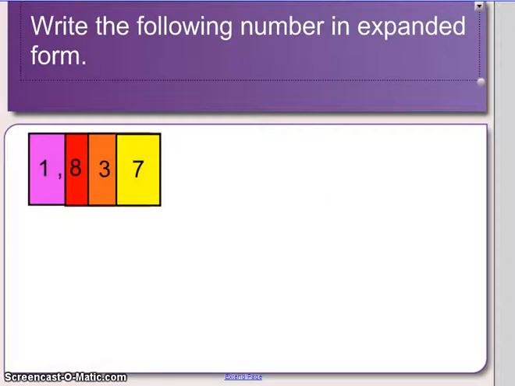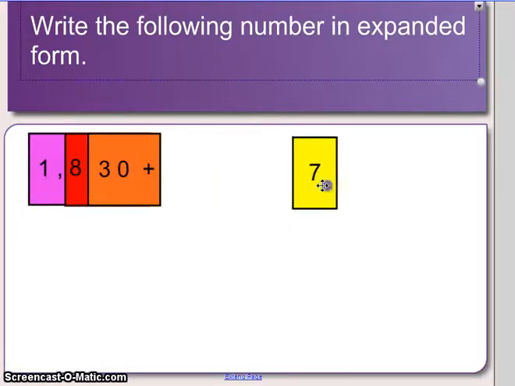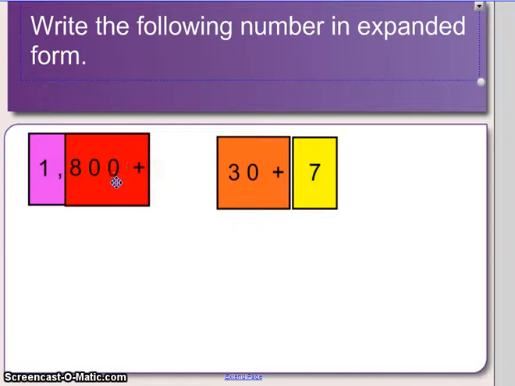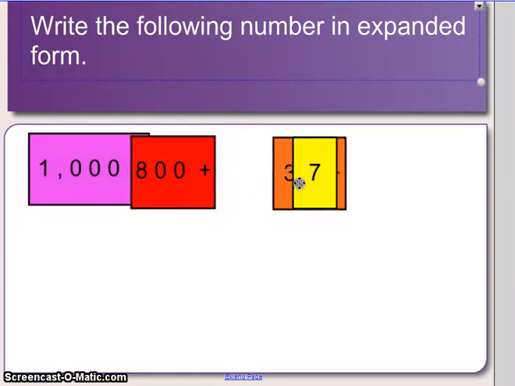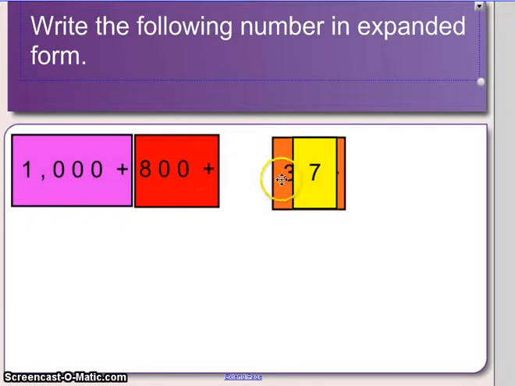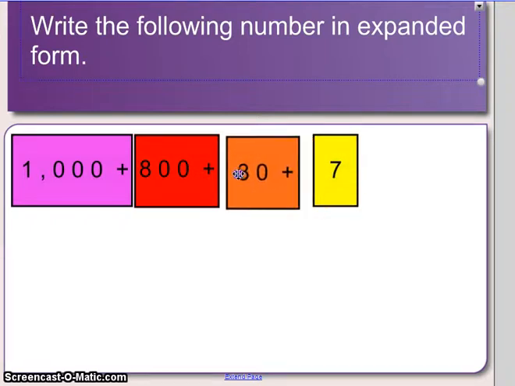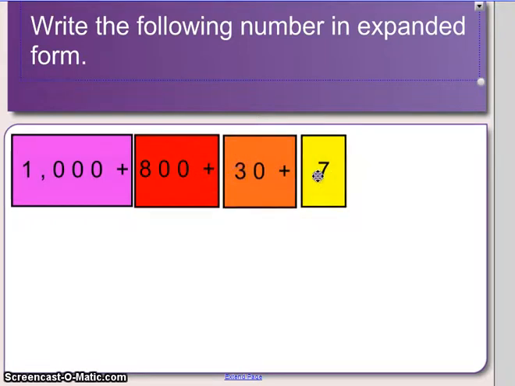Try this one. Write the number in expanded form: 1,837. Okay, so it's 1,000 plus 800 plus 30 plus 7.